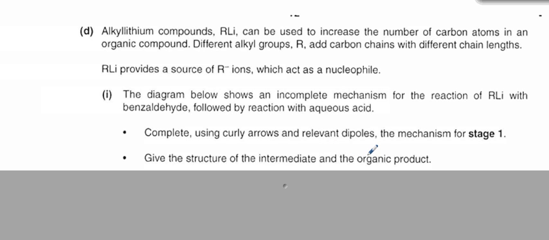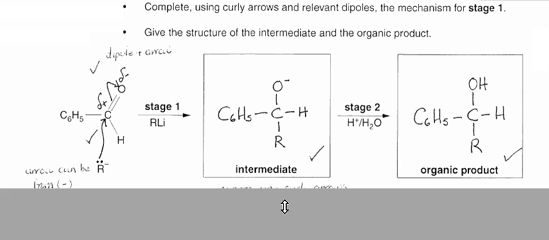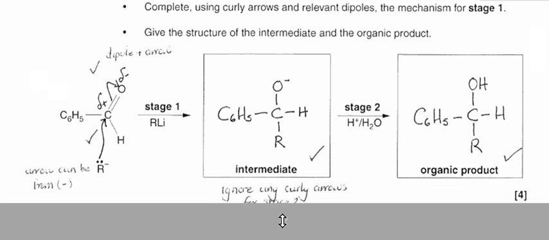It doesn't tell you to do any more parts of the mechanism, so you won't be needing to add any water on. So then, as we go down, let's have a look at this mechanism. So the very first part, it gives you R minus.